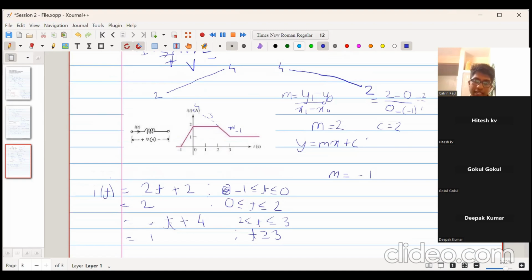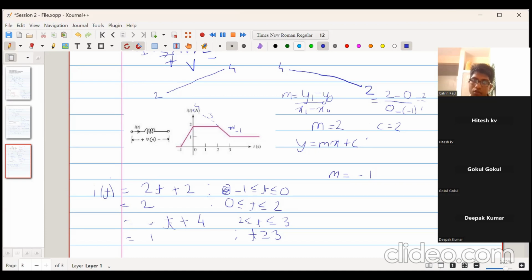See, the slope of this line is minus 1. That means for a unit of 1 second, its value will decrease by 1. So at time t equal to 2, its value was 2. At time t equal to 3, its value has become 1. Is this clear? Yes, sir. If we go in the opposite direction, from 3 to 2, its value has increased by 1.